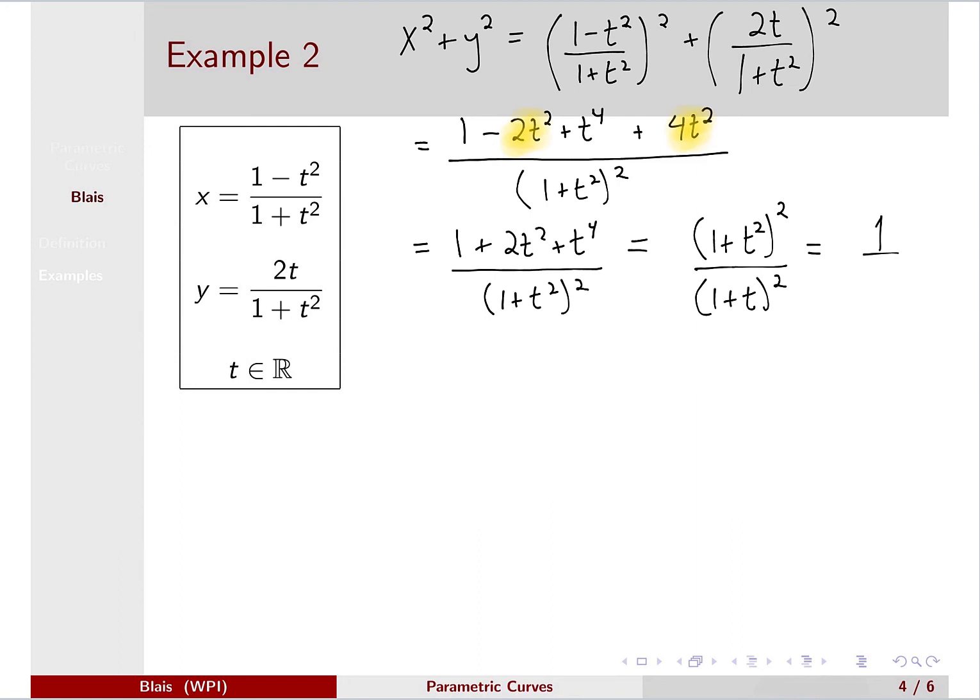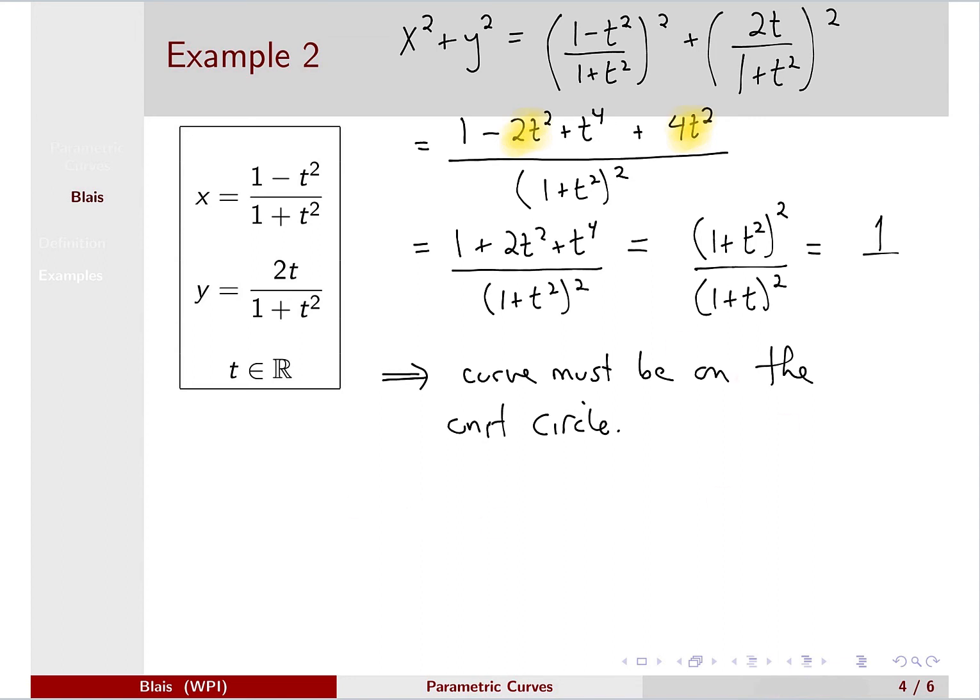Thus, for any value of the parameter t, when you take the x-coordinate and square it, take the y-coordinate and square it, and add them, you get 1. So this again means that this must be on the unit circle, again, because x squared plus y squared equals 1.